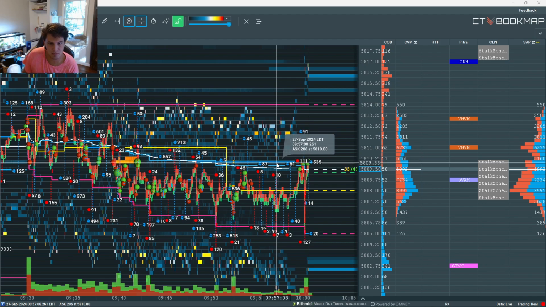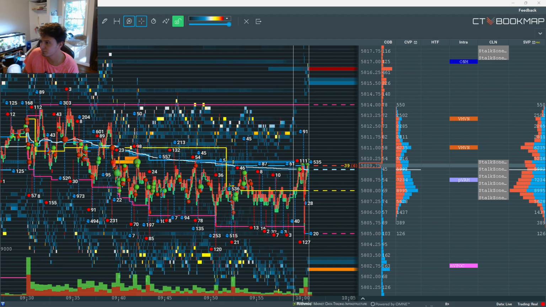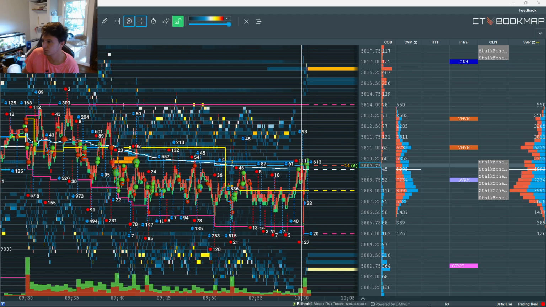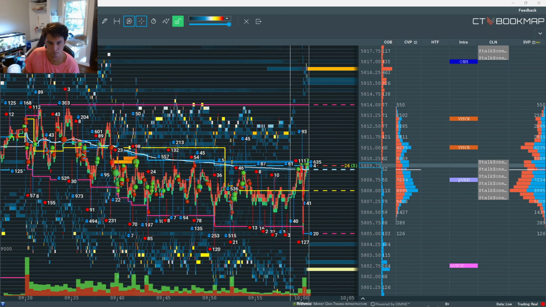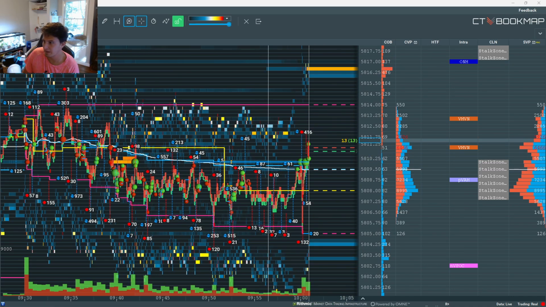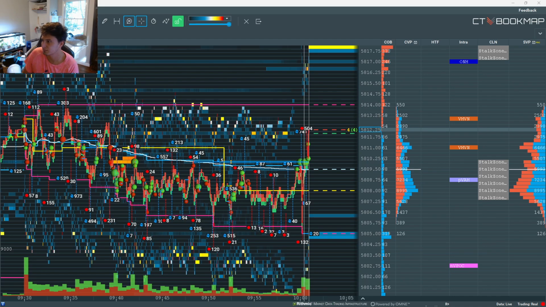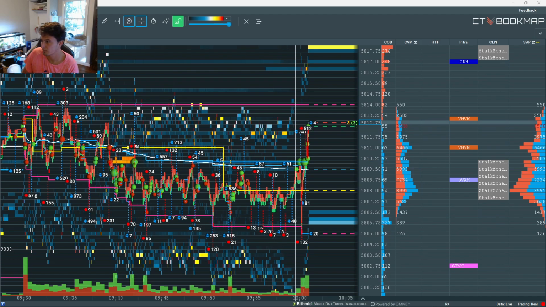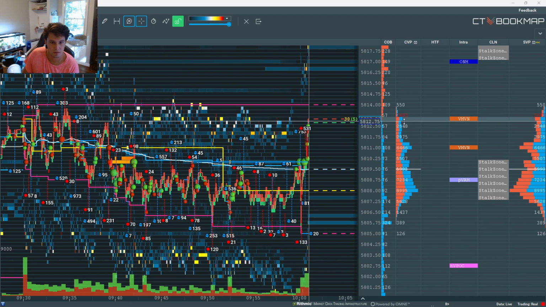We see an iceberg absorbing here. VHVN test, which is 11.